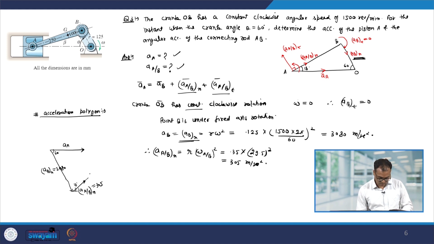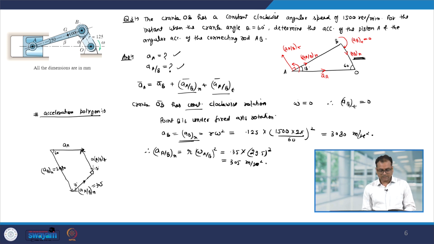Okay. So, this is A_ABT, okay, and this angle will also be 18 degree from the geometry.